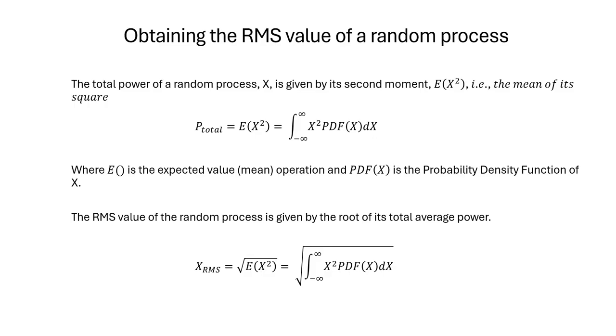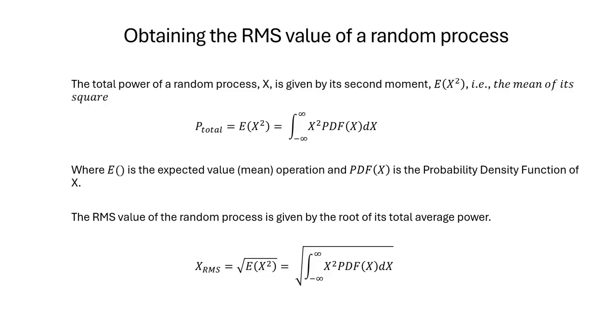So not all signals are deterministic, and RMS is a concept which is not only applied to deterministic signals. It applies to all kinds of signals, including random processes and random variables, which are time samples of random processes.